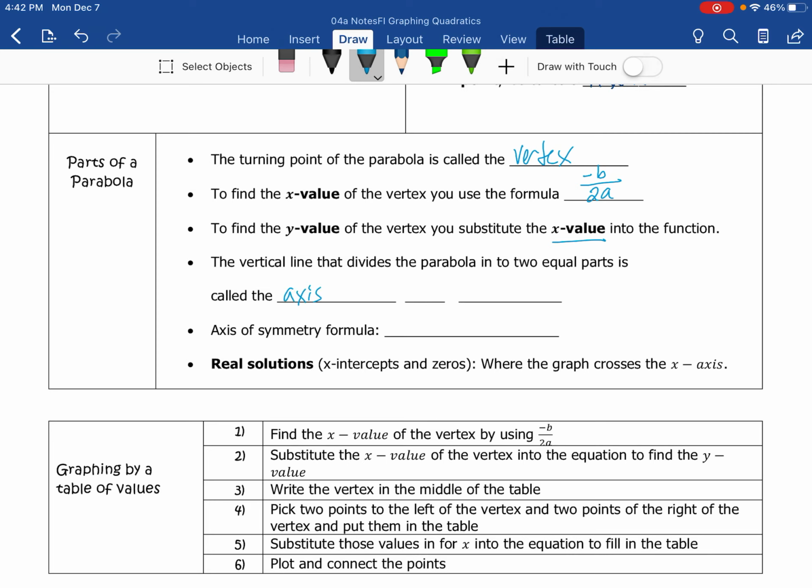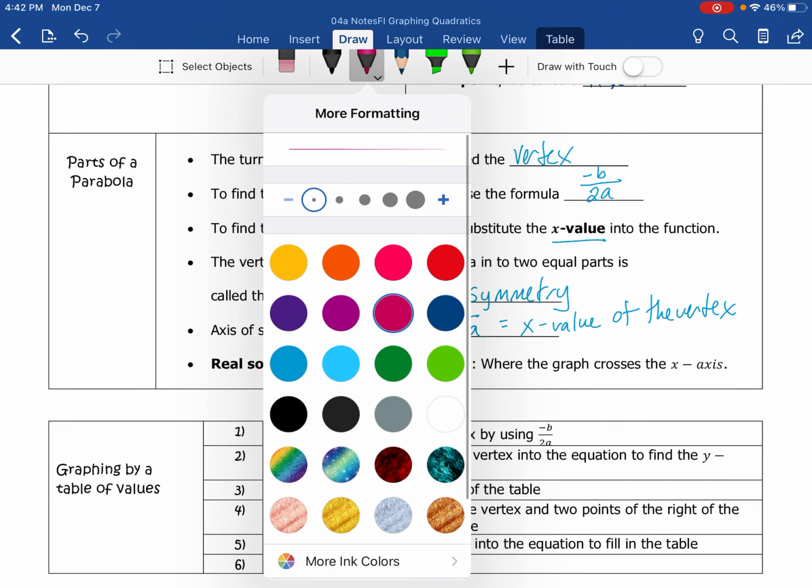The vertical line that divides the parabola into two equal parts is called the axis of symmetry. The axis of symmetry formula is going to be x equals negative b over 2a, or x is equal to the x value of the vertex.